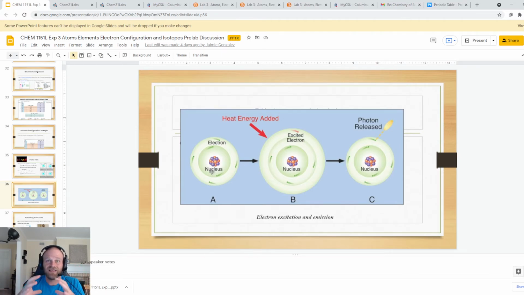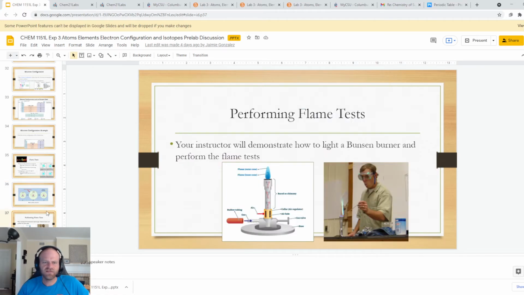Eventually it's going to go back to the ground state that we mentioned earlier, the lowest stable energy form. Once it goes back to that ground state, it's going to throw off that extra energy as photons, and that's how come you see the colors. All right, so that's just what this diagram is representing.